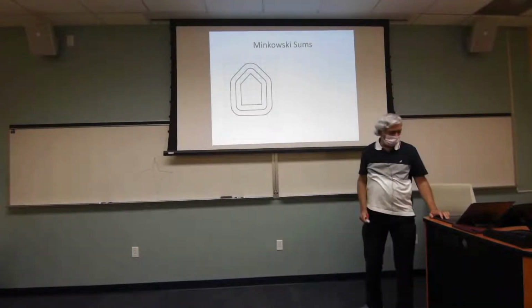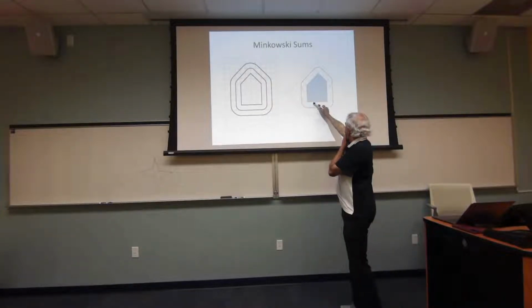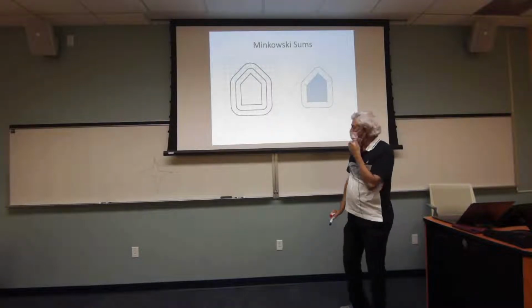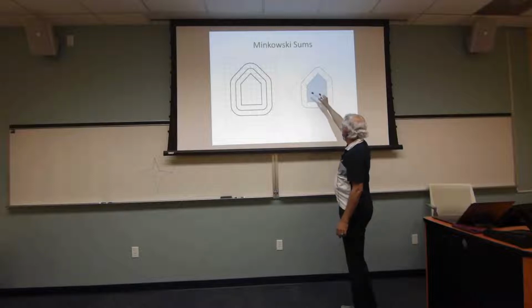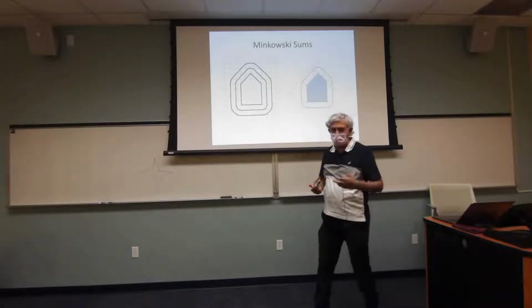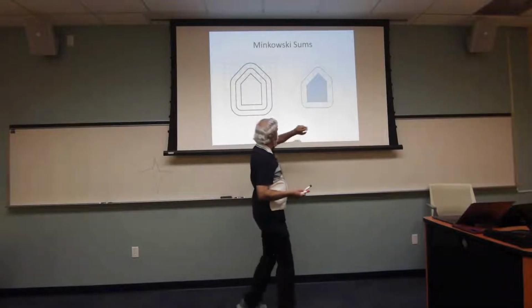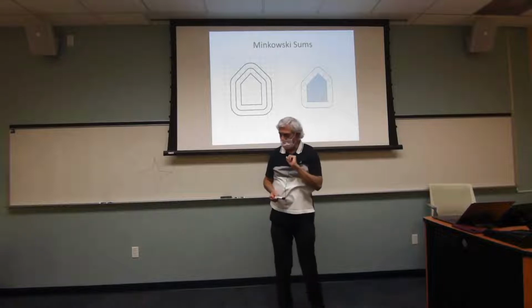Well, let's focus on what we are given. If you look at this example, let's say we have a strange looking polygon here. This here is the first Minkowski sum. In fact, it's a Minkowski sum between the polygon and a circle.